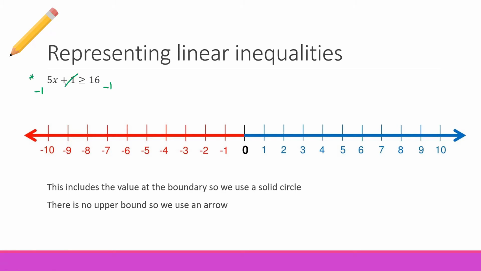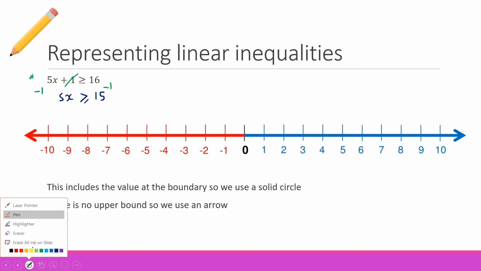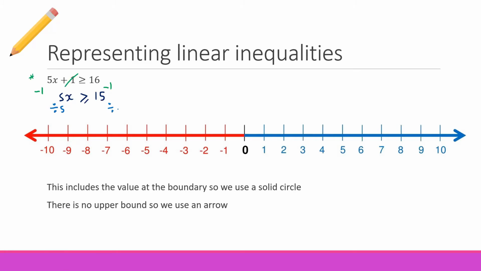That means 5x has to be greater than or equal to 15, because otherwise 5x plus 1 can't be greater than or equal to 16. And I can divide both sides by 5, which gives me x is greater than or equal to 3.